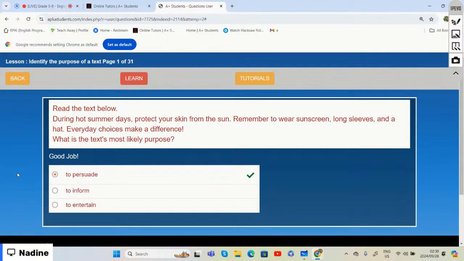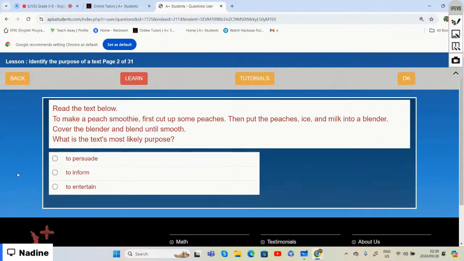He's trying to persuade us to wear our sunscreen. I'm sure thereafter he's going to come up with a type of sunscreen that we must use. So option one is correct.